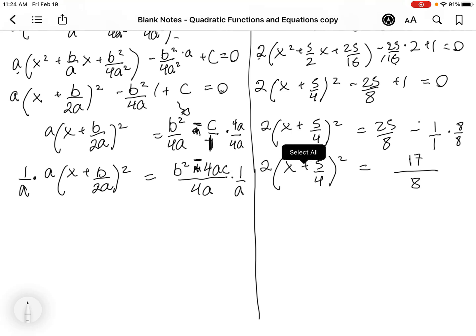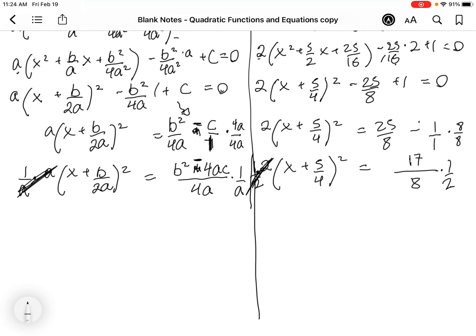Okay, and here maybe I'll multiply by, running out of room, 1 over 2. Okay, because then it's easy to do this sort of fraction multiplication. So 1 over a times a, that just cancels. That's what I want. 1 over 2 times 2 cancels as well.